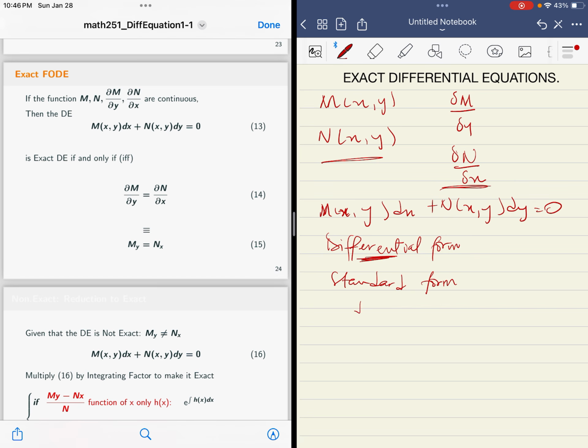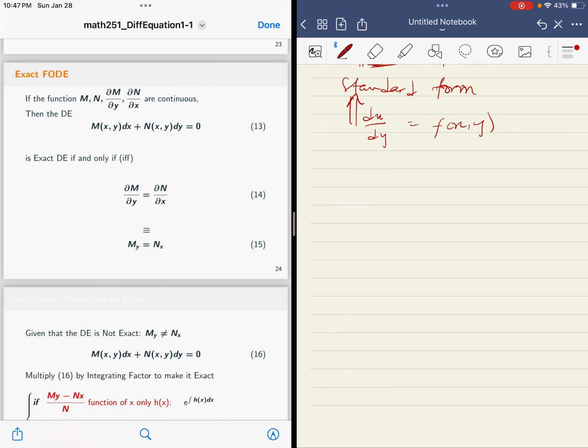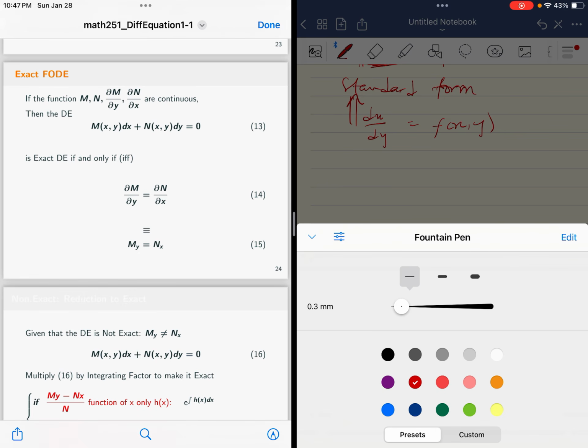The standard form is dy/dx equals a certain f of x,y. This is the standard form, but the differential form is what we have as equation 13. So we always want to write our equation in the differential form before we can test for exactness.